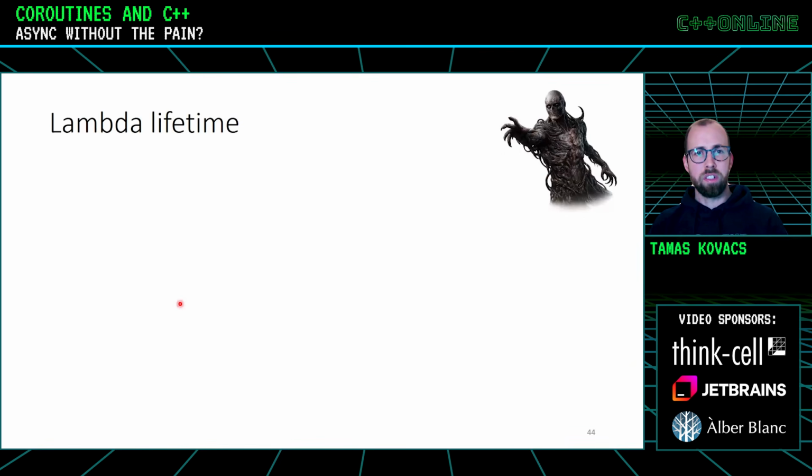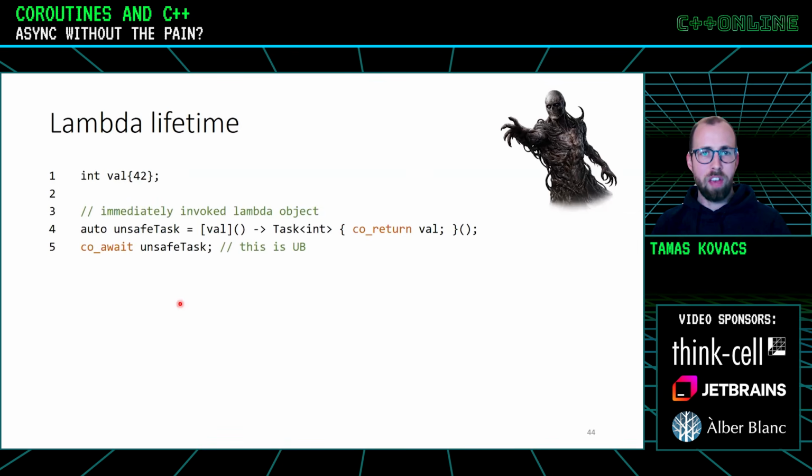But what about lambda functions? Lambda functions can also become coroutines, right? So in our case, we now have an immediately invoked lambda function. What we have here is that we are co_returning the value which we are passing in its capture. The problem here is that we are implicitly creating a lambda object.